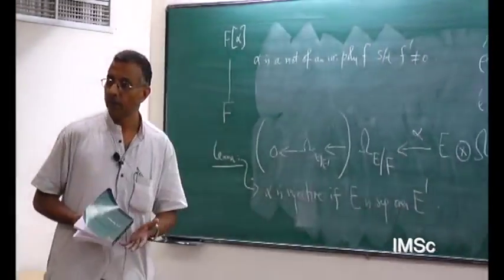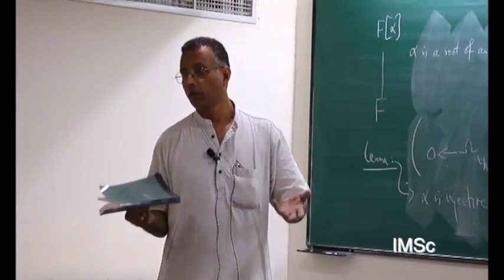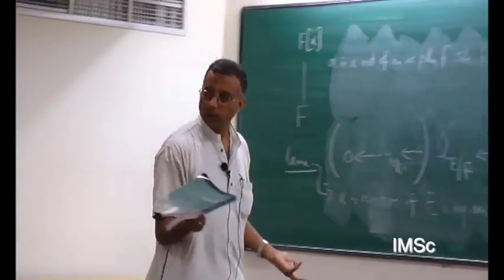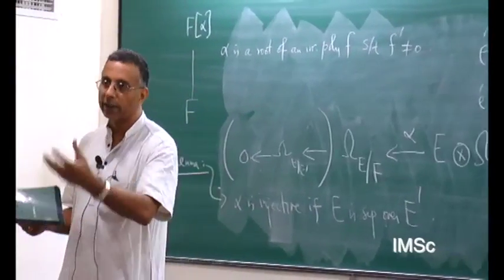So let me repeat the argument. E tensor E is a finite dimensional F module, F vector space. I mod I square was a subquotient of this vector space, therefore of this finite dimensional vector space. Therefore, finite dimensional. Indeed, that's a proof. You don't need to use the construction.